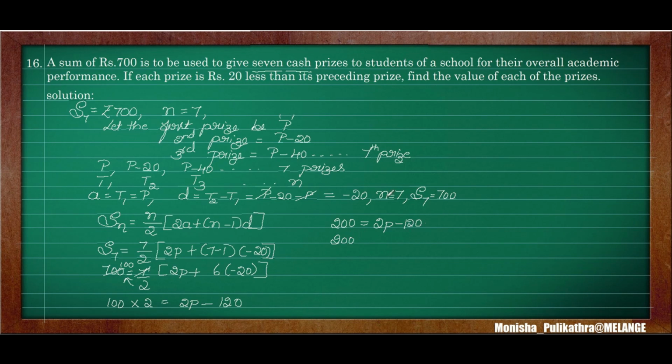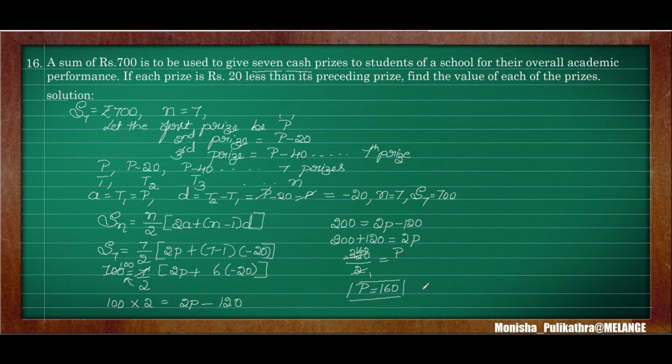So I am shifting minus 120 to the left side. It will become plus 120. 320 is equal to 2p. So 320 divided by 2 is equal to p. 2 ones are 2, 2 sixes are 12, so 2 160s are 320. So p, that is the first prize, will be 160 rupees.